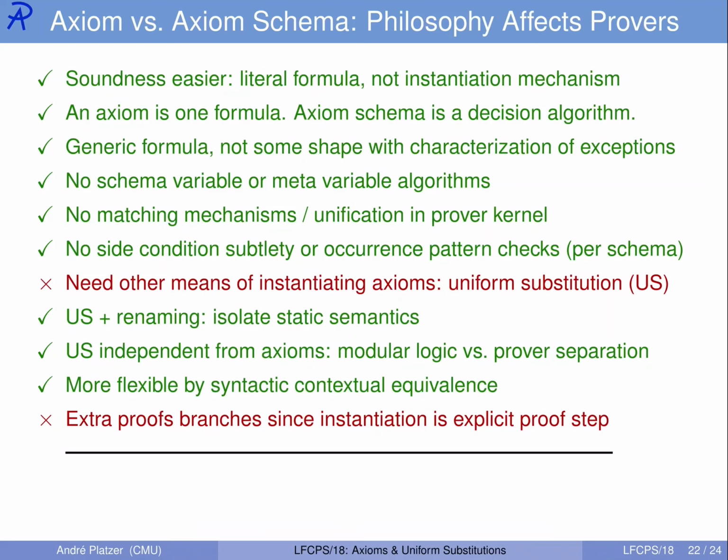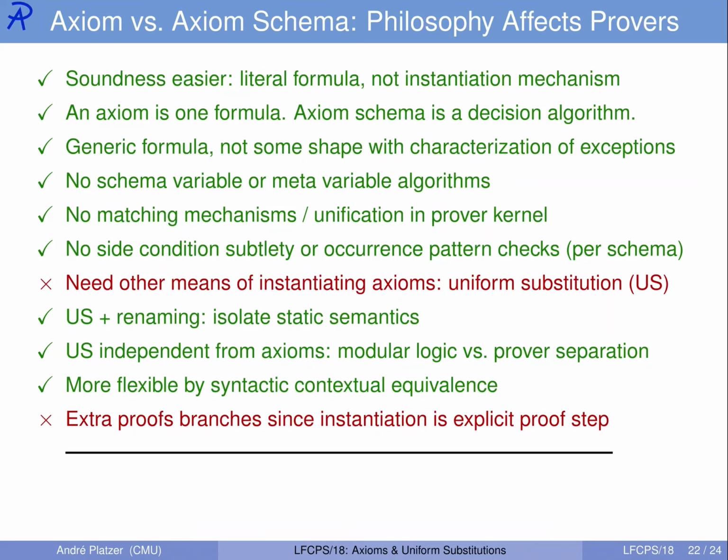and not all these side conditions to worry about. You don't have schema variables or meta variable algorithms, no matching mechanisms, not even a unification in the prover kernel, no side condition subtlety or occurrence checks, which are different per axiom schema and per proof rule schema. The curse is that you do need other means of instantiating the axioms because an axiom only proves itself.